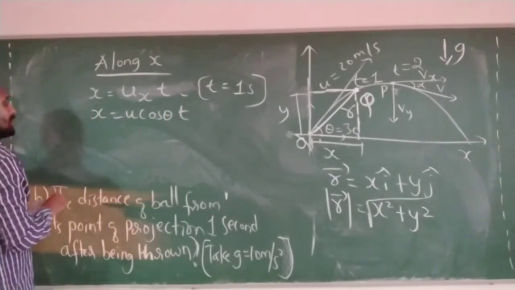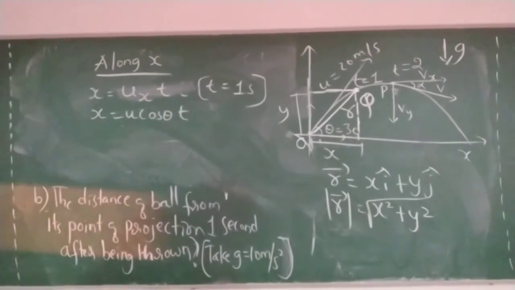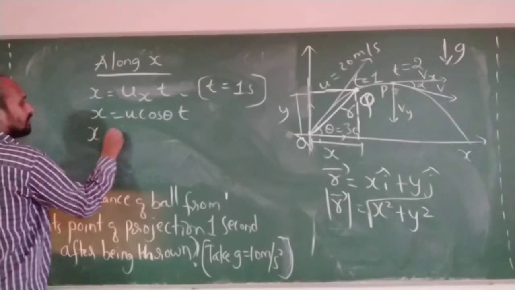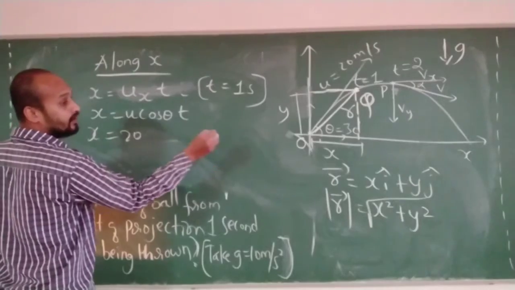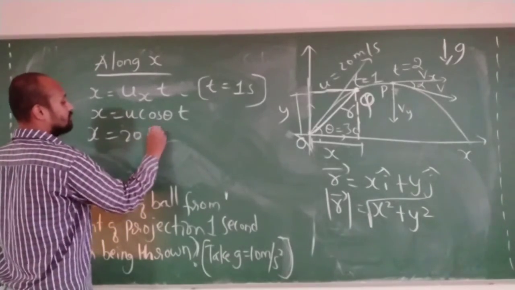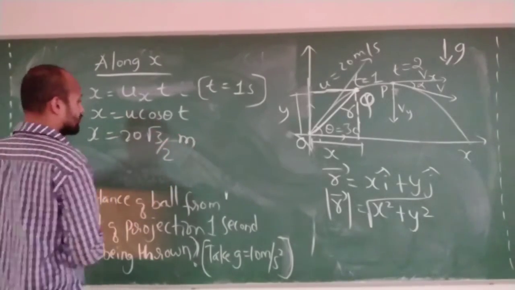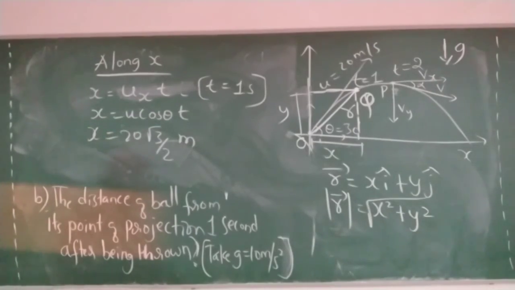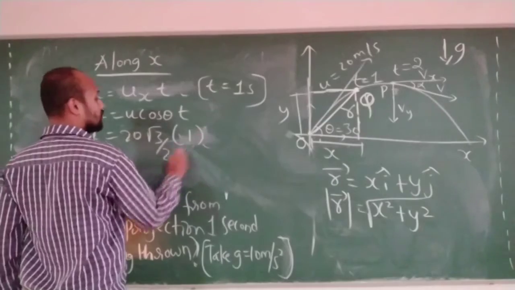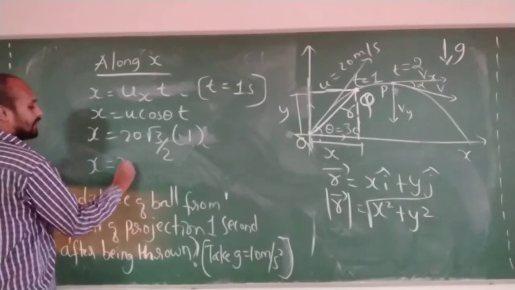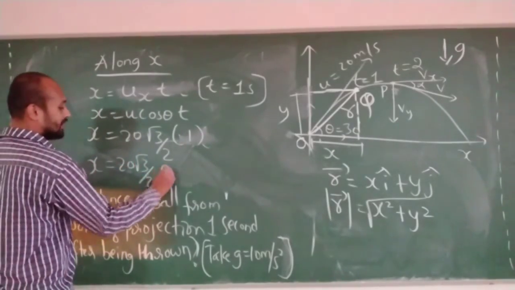How much will it be? X is equal to u, which is 20, into cos 30, which is root 3 by 2, into t equal to 1 second. X will become 20 root 3 by 2 meter.